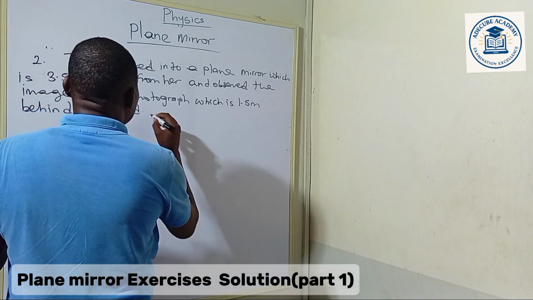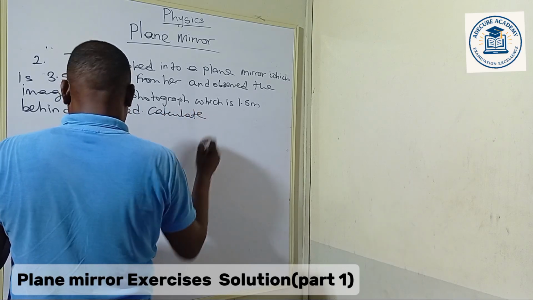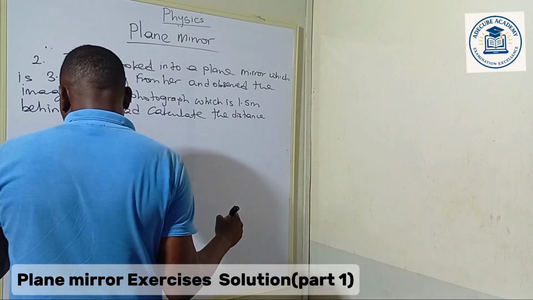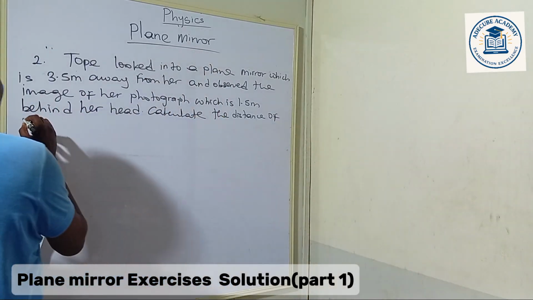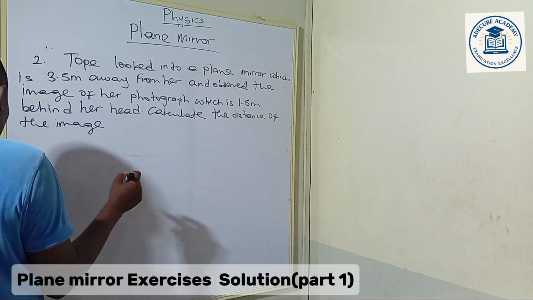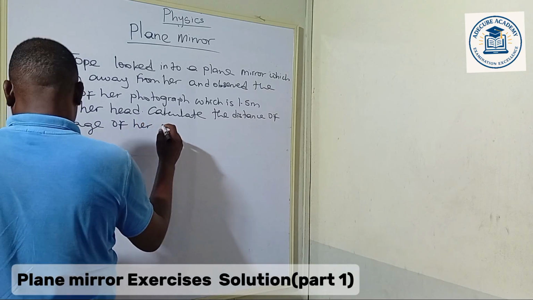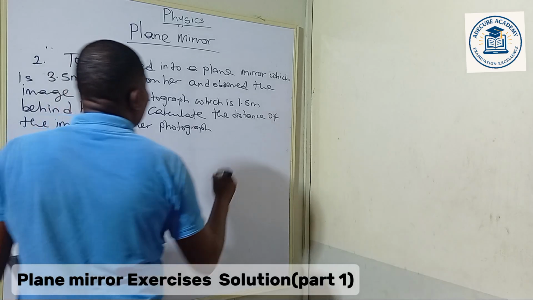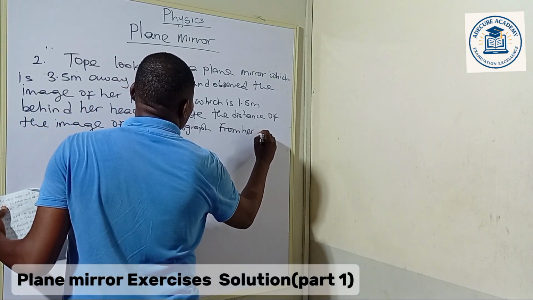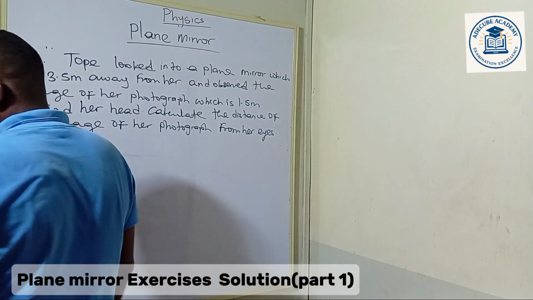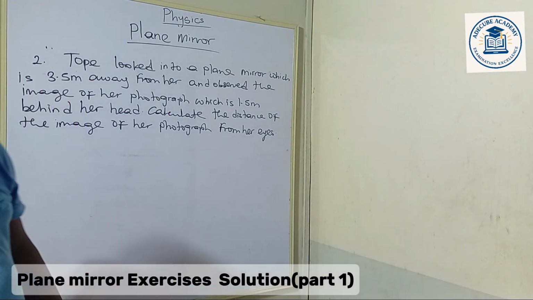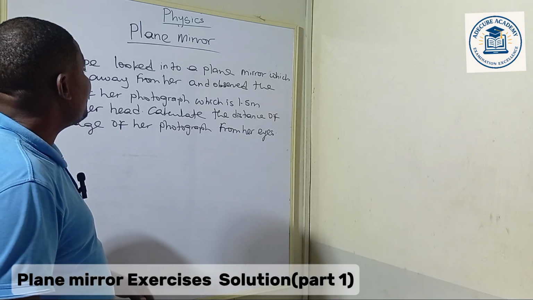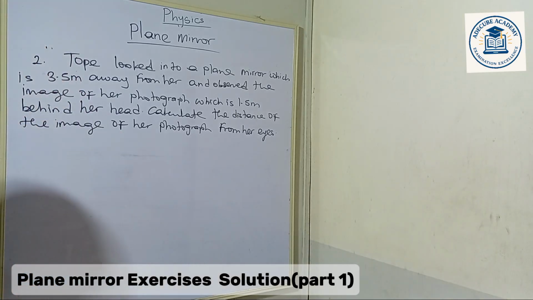The question says, calculate the distance of the image of a photograph from her eyes. To restate: Topper looked into a plane mirror, which is 3.5 meters away from her, and observed the image of her photograph, which is 1.5 meters behind her head.